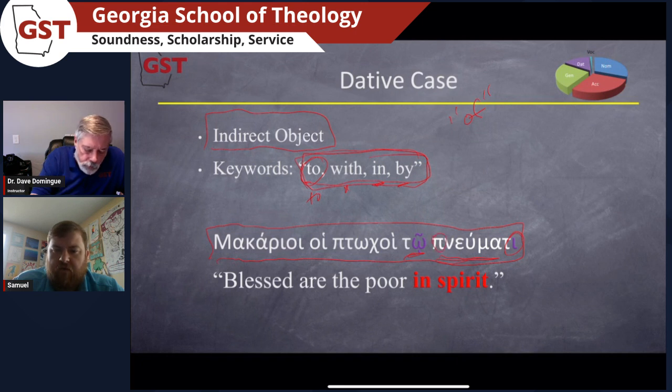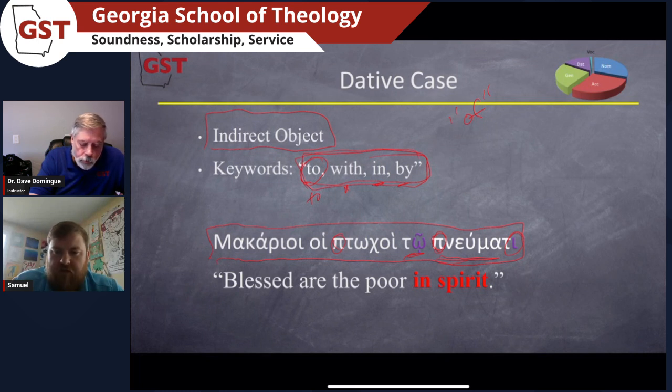You don't have to include the iota; it could be silent here. You could say ptochoi, or pneumati, but I normally do it silent, because it's hard to pronounce. So I normally keep it silent, and that's fine.